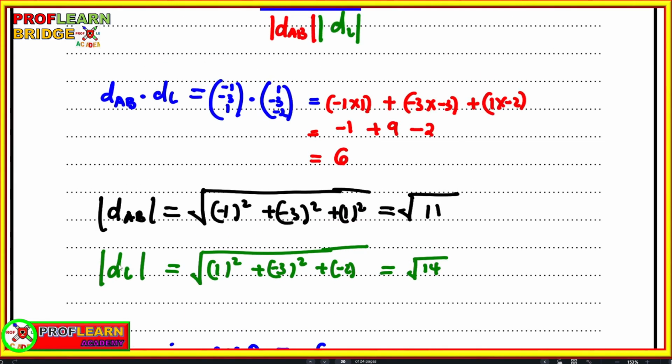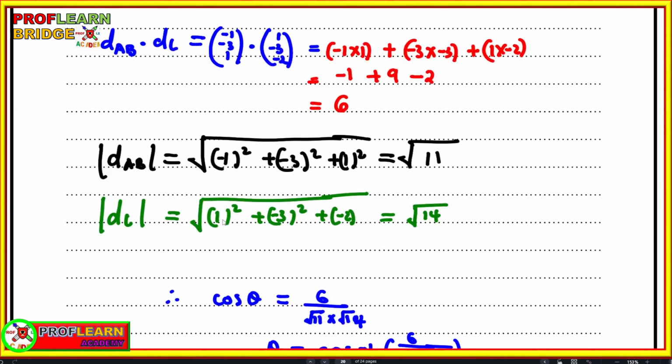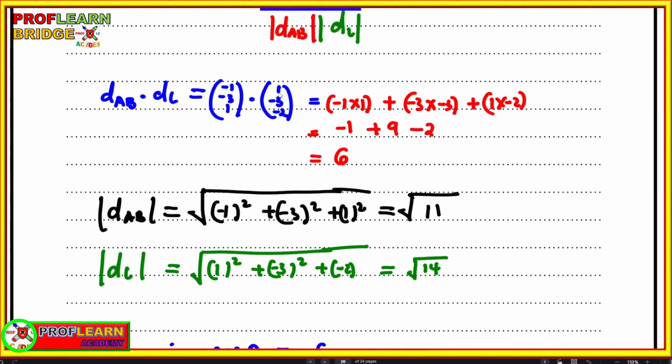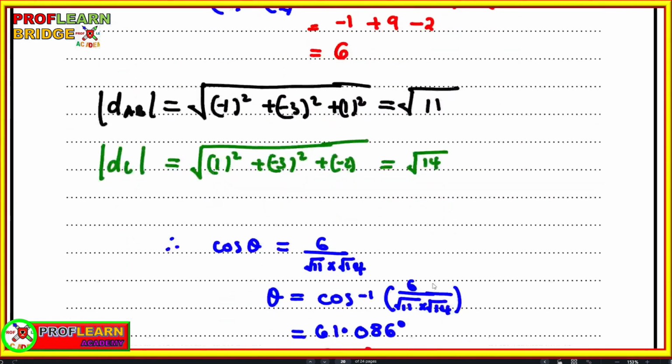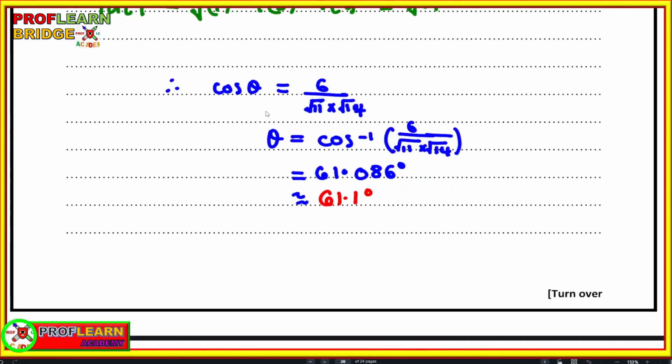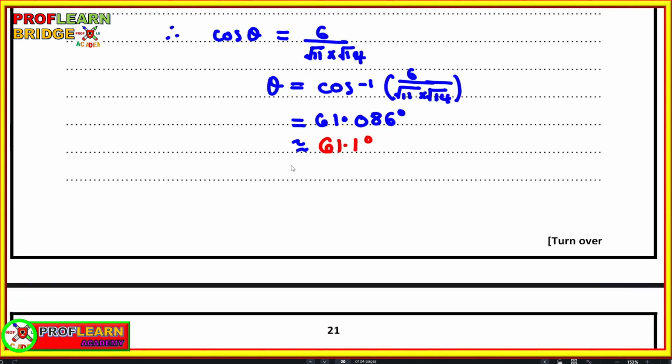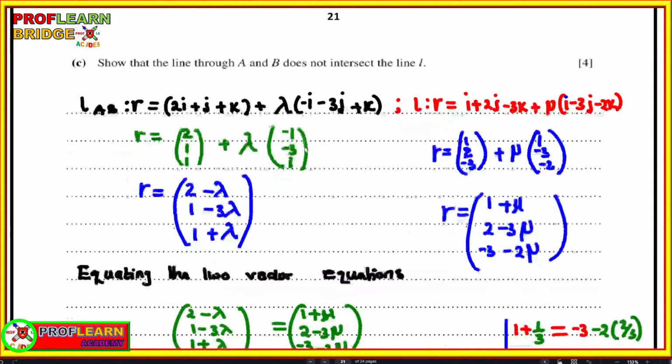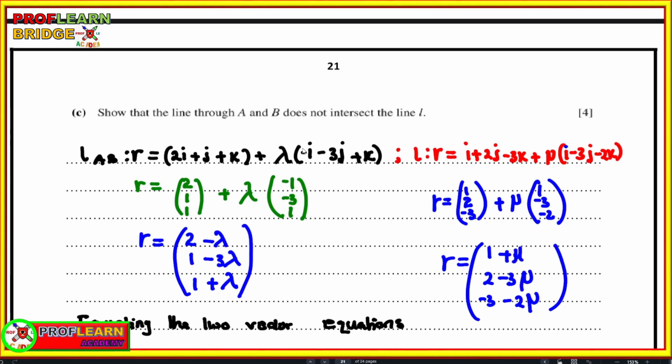The magnitude of the direction of L is going to be 1 squared plus negative 3 squared plus negative 2 squared, which is going to be 14, which means that we shall have cos theta equals 6 over root 11 times root 14, and the cos inverse of that, correct to one decimal place, is 61.1 degrees.